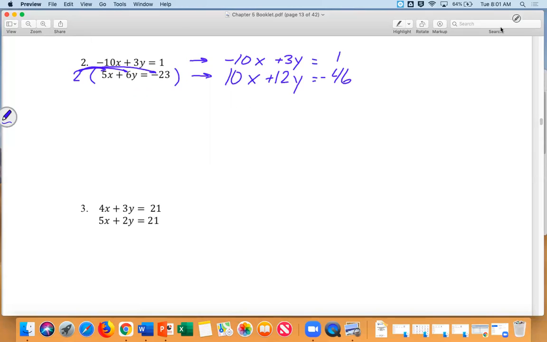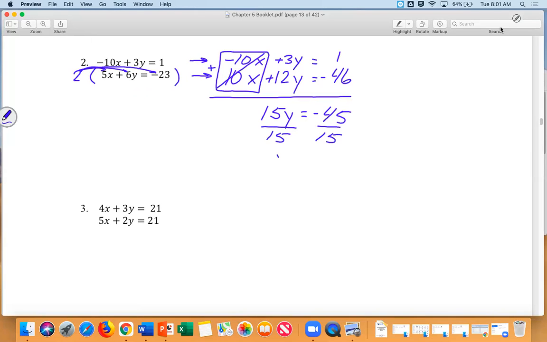I'm just rewriting it because I didn't do anything to it. Now I'm going to box this. Because they are opposites, I'm going to add. They cancel. So I have 3y plus 12y, that's 15y. 1 plus -46 is -45. Divide by 15. And I heard somebody get their calculator out, so I think the answer is -3.